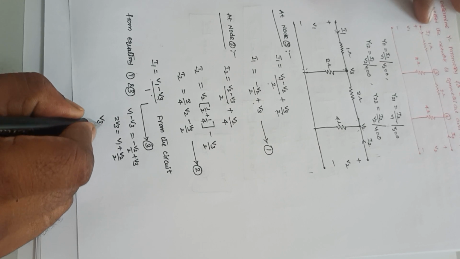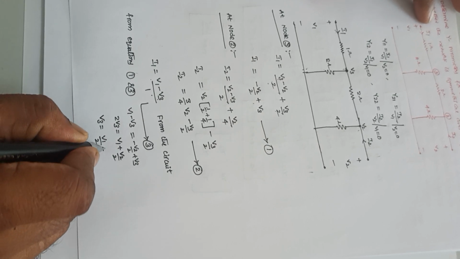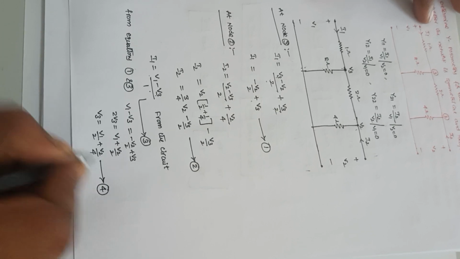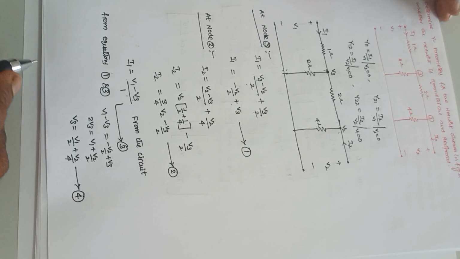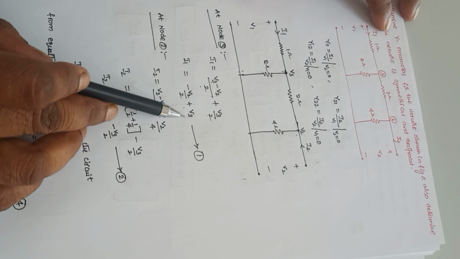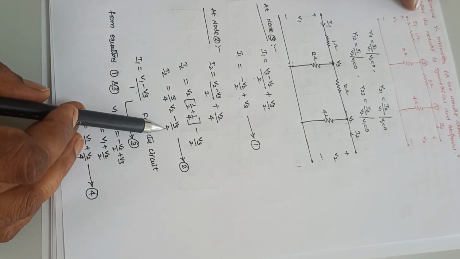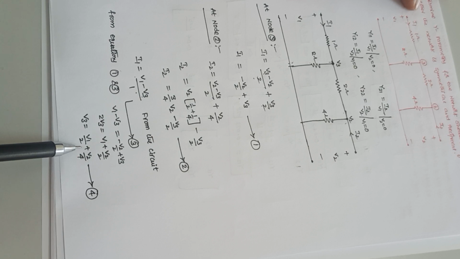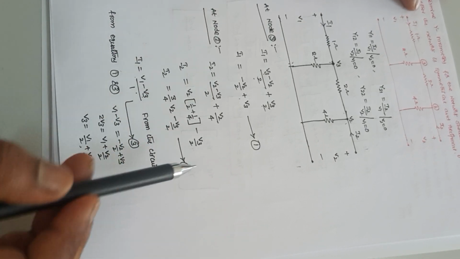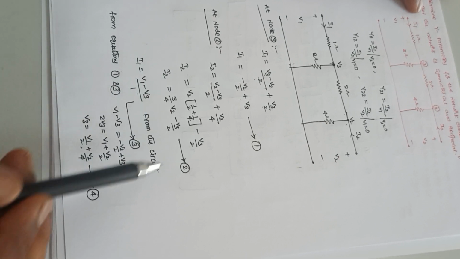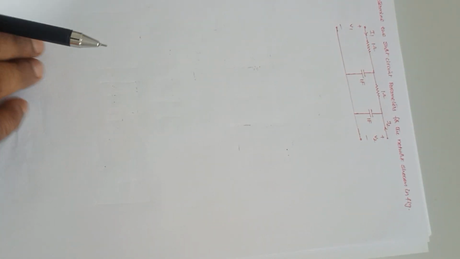So V3 is equal to V1 by 2 plus V2 by 4. This is equation number 4. Now replace this V3 with the fourth equation here, and also here, so that these equations come in terms of I1, V1, V2 and I2. Let me write that equation here.